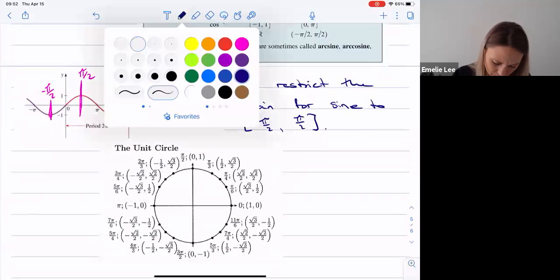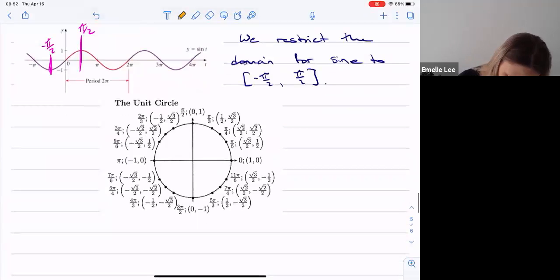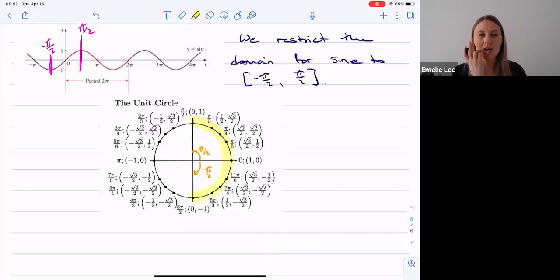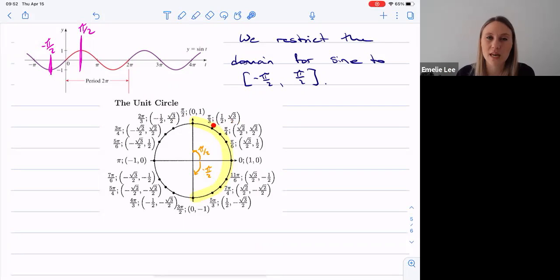So pi over 2 is going to here, pi over 2 and negative pi over 2. Okay. So these are all the possible values for the inverse of sine, right? So this is for sine. We're restricted to this half of the unit circle, okay? Because here we repeat root 3 over 2, root 3 over 2, we've already seen it. So whatever we need to say at root 3 over 2, we can say at pi over 3. You'll see what I mean in a second here.